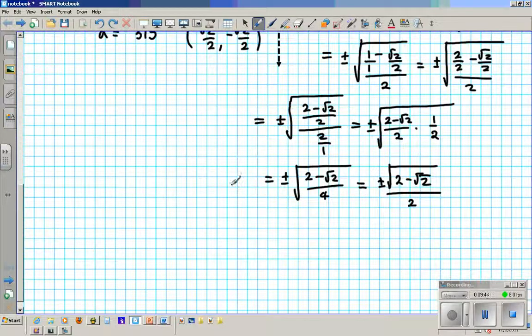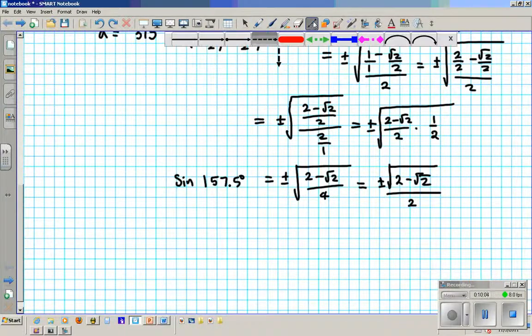So is it plus or is it minus? Is it plus or minus? Well, let's look at the problem. The problem asks us for sine 157.5. So where on earth is that? What quadrant is 157.5? Let's see.